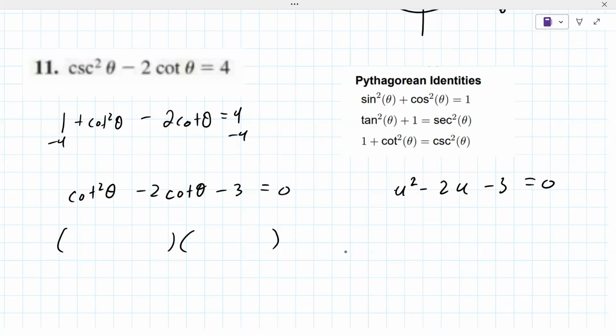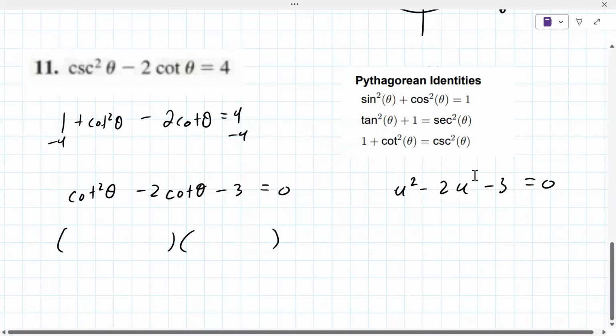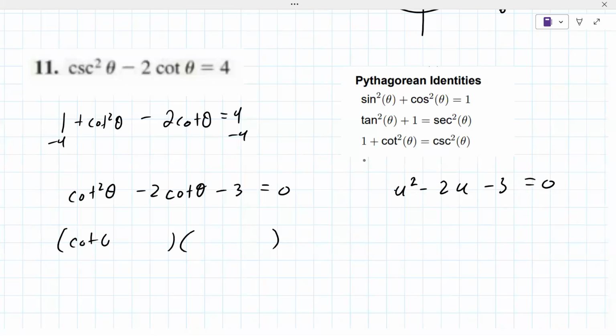Minus two and minus one. Those don't multiply to minus 3. They have to multiply to minus 3 but add to minus 2. Oh, minus three and plus one. So it'd be cotangent minus three and then cotangent plus one. Yes.